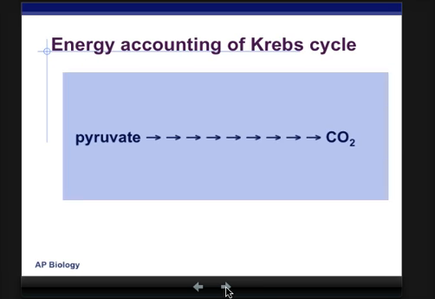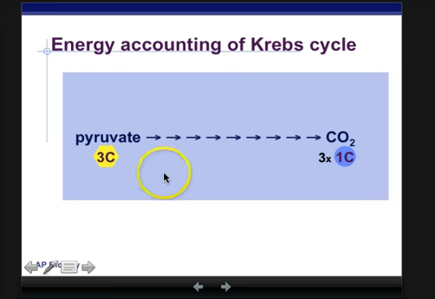Okay, so let's review the energy we're getting out of the Krebs cycle. We didn't even talk about any of those intermediary steps or tons of the enzymes. From glucose, remember we get 2 molecules of pyruvate.